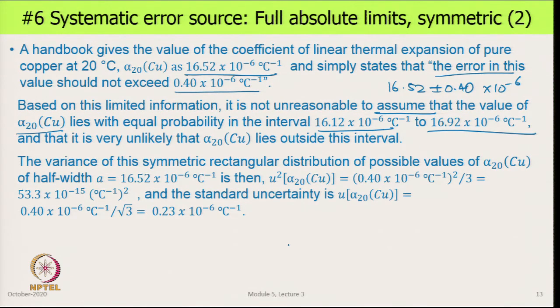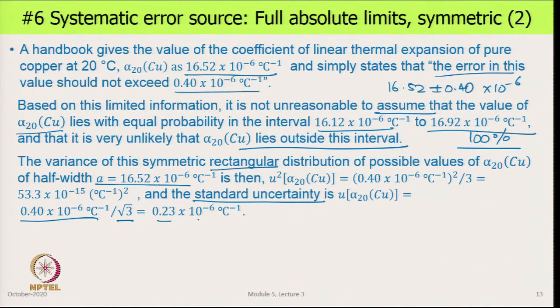It is very unlikely that any value lies outside this interval, so we are looking at 100% probability that the value lies within this interval. The variance of this symmetric distribution, which we assume to be rectangular, we can calculate from this: the half width is this much, and the standard uncertainty is that value divided by square root 3, which is this much.